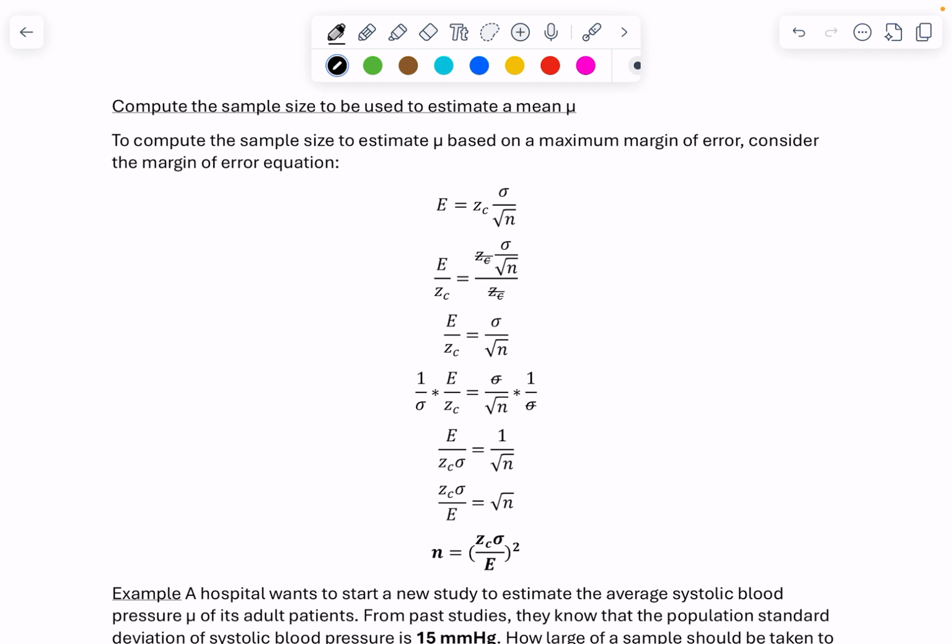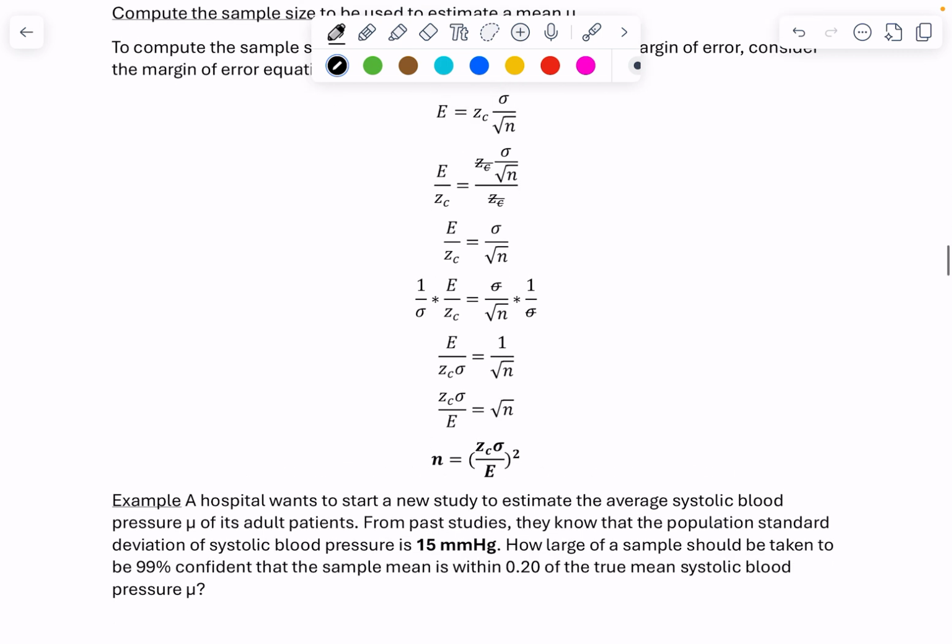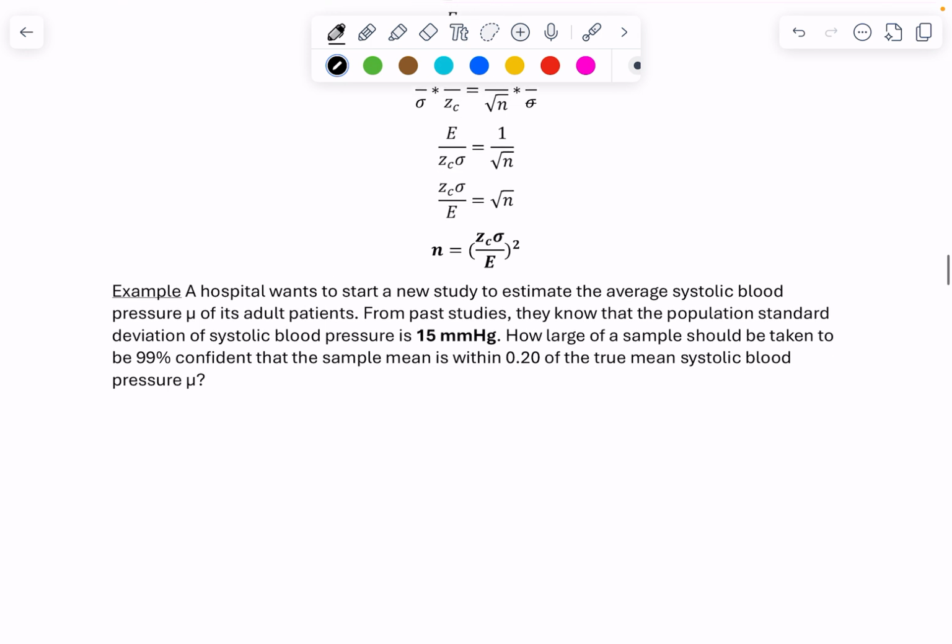So same equation, just a manipulation. And we end up with this equation that is bolded on the bottom after all of that manipulation, where we solve for n. So because that was a super quick explanation, let's go on to the example as well.